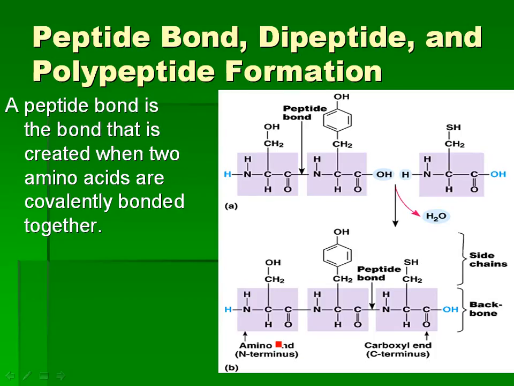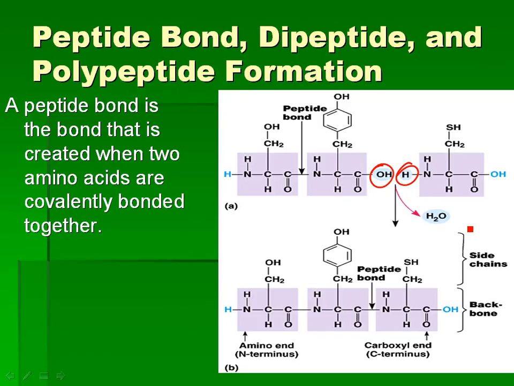And that peptide bond is formed, if you remember from the first unit, by dehydration synthesis reactions. In dehydration synthesis reactions, we remove a group and a hydrogen from another amino acid and form water. Okay, so we dehydrate the molecule.